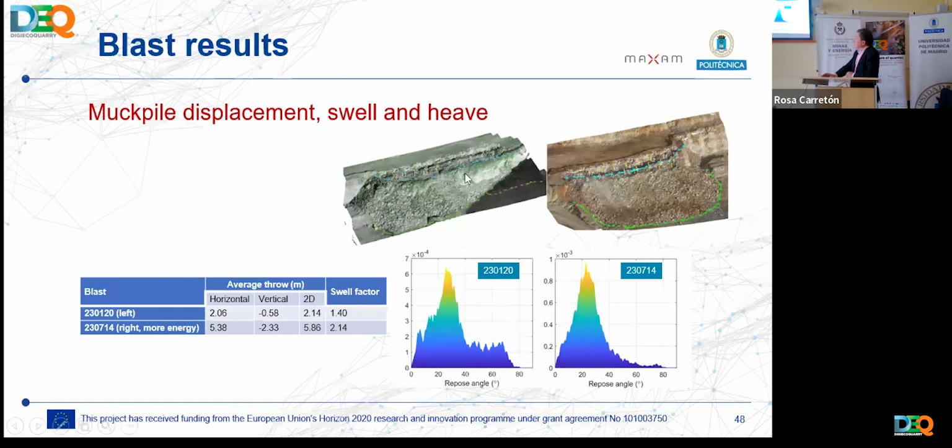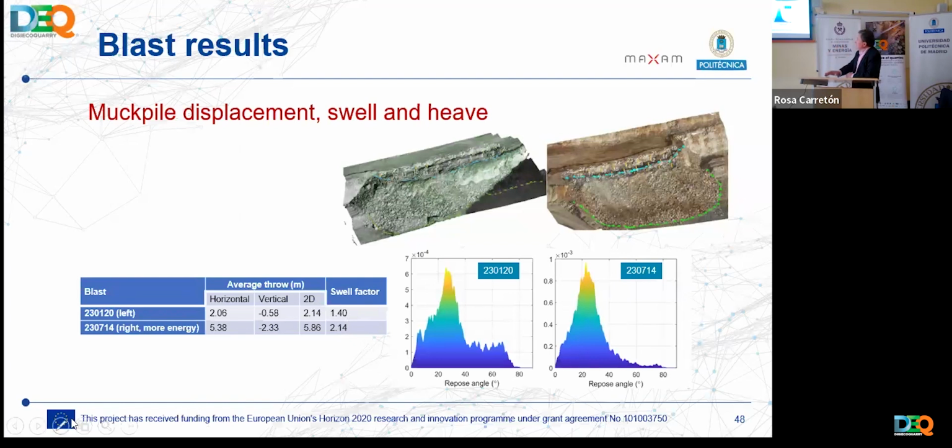But you also can calculate the volume of the mud pile and compare it to the volume of the block, and then you have these swell factors: the volume of the mud pile to the original volume of the block, and you can have a figure for the average.